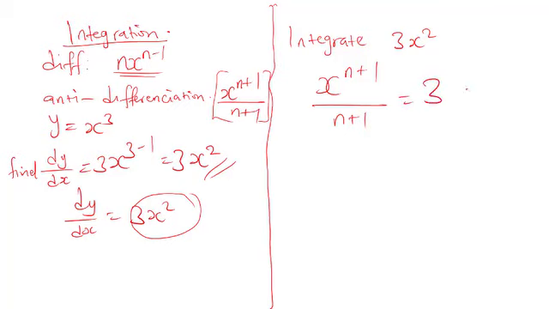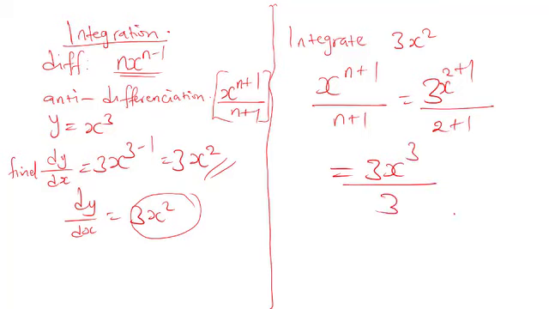We now have 3x raised to power 2 plus 1 all over 2 plus 1. Now I have 3x raised to power 3, all over 2 plus 1, which is 3. Remember, 3 can cancel 3, which is equal to x raised to power 3.